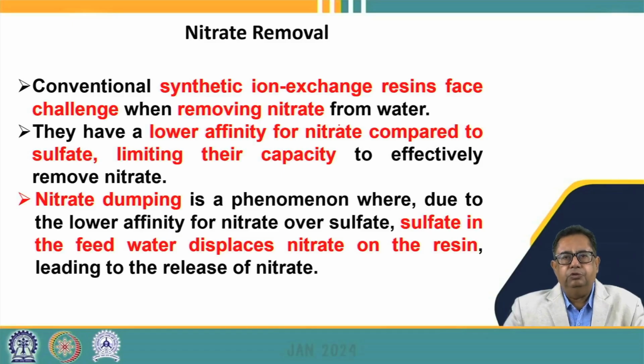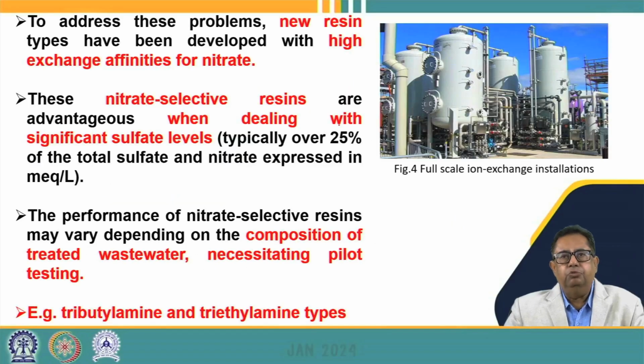This phenomenon is known as nitrate dumping, where the resin has a lower affinity for nitrate over sulfate, and sulfate displaces the nitrate on the resin, leading to the release of nitrate, and that's why it is called nitrate dumping. This is more prominent when sulfate is present in excess of 25% of the total concentration of sulfate and nitrate.